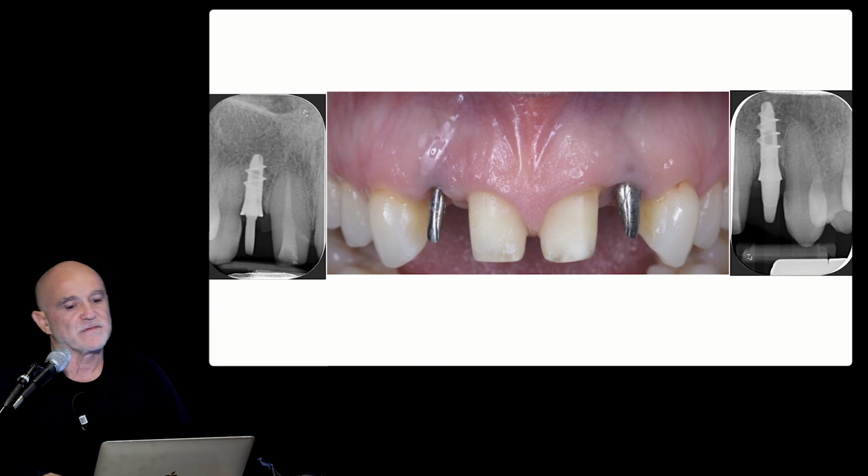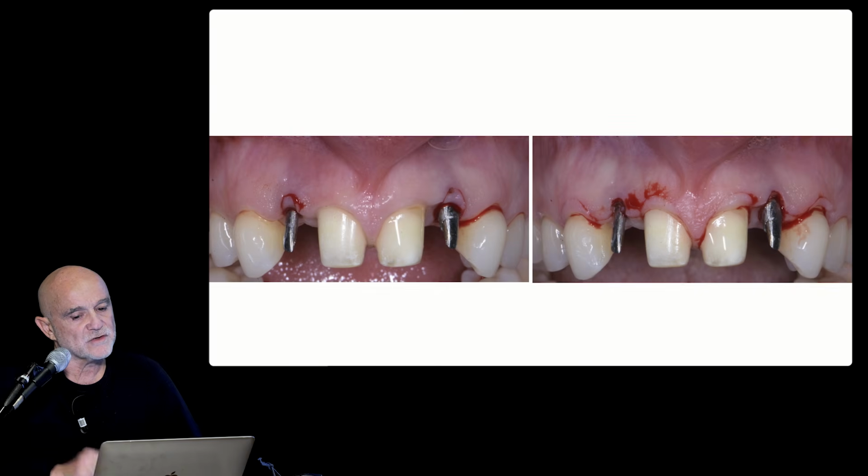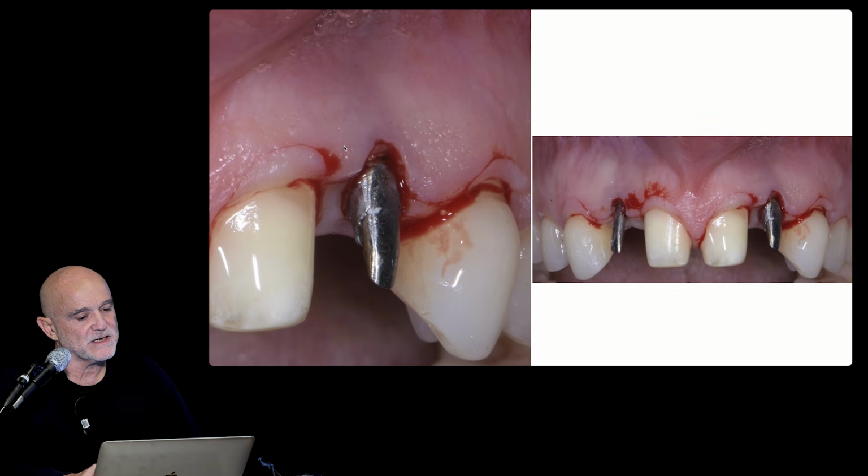You leave this isthmus to heal completely for at least 6 months, and now we can work surgically. Surgically means we can make a submarginal incision at the level of the implant site to create a longer papilla. So submarginal incision at the abutment of the implant.